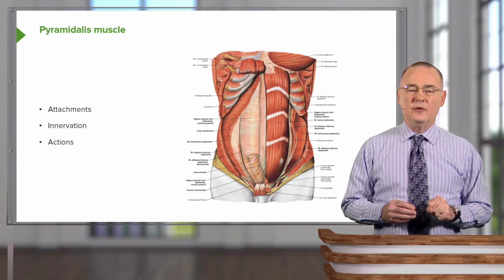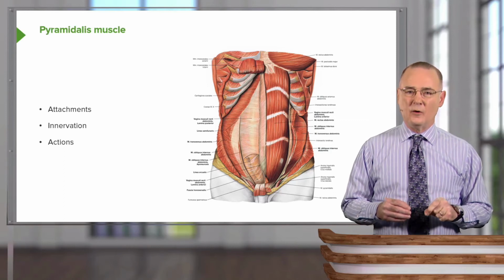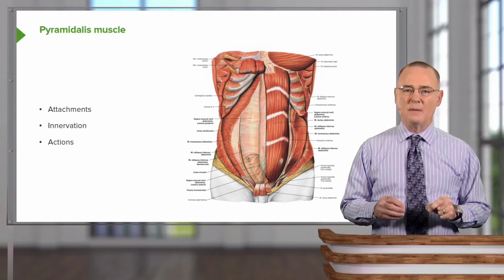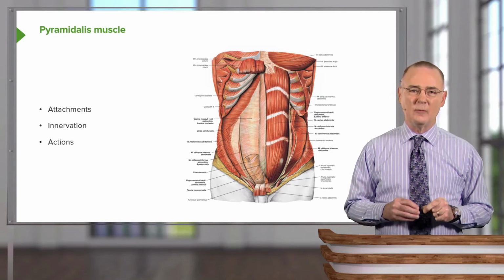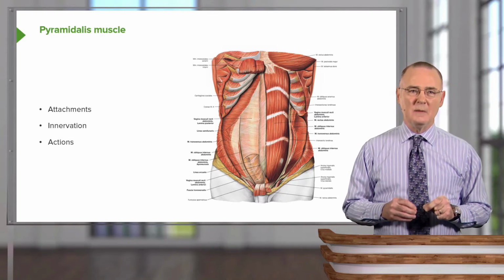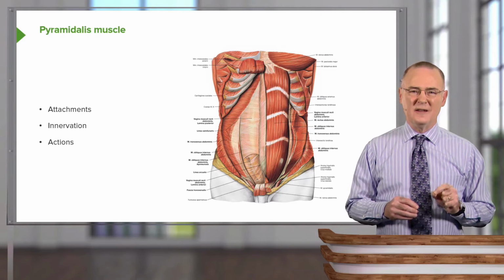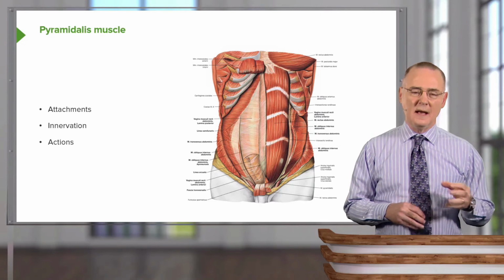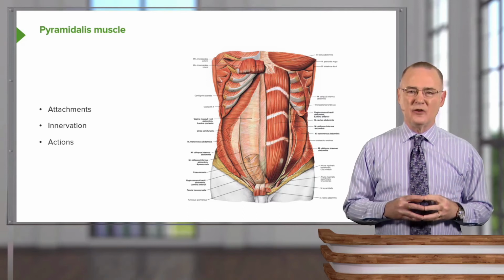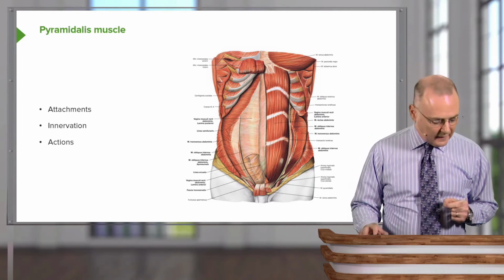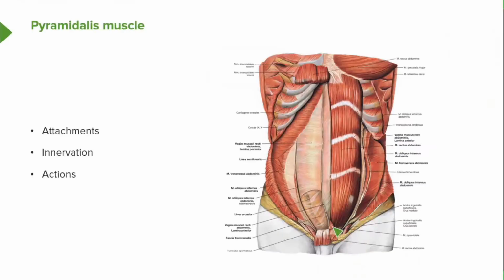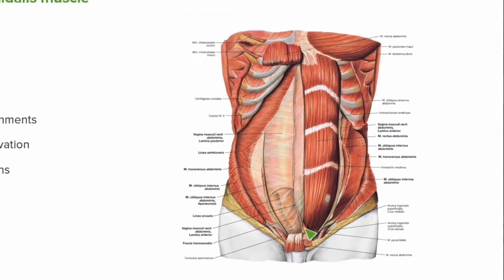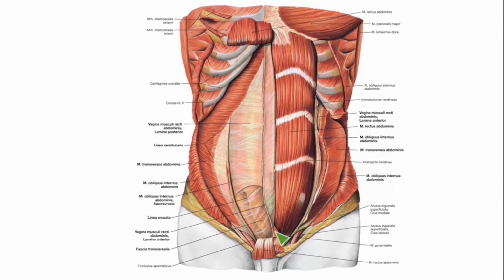This brings us to the last muscle, or last pair of muscles that belong to the anterolateral abdominal wall, and this would be the pyramidalis muscle. This is relatively unimportant functionally, and it may be absent in some individuals, but it is this very small muscle mass that we see here inferiorly located in the illustration.